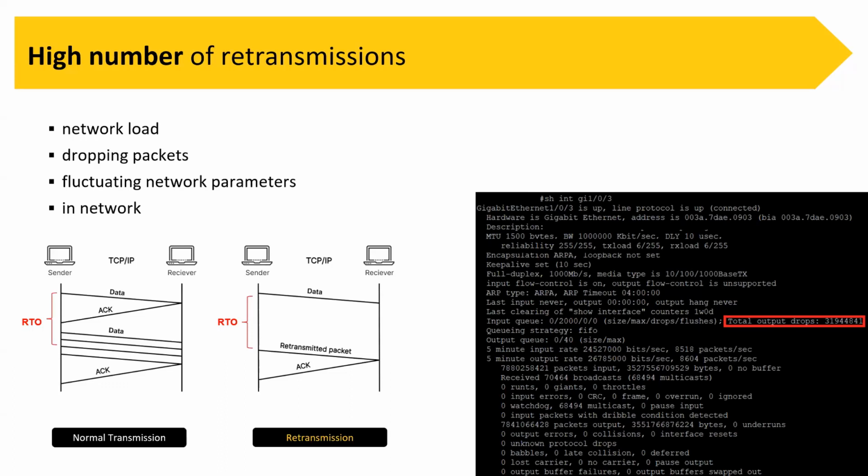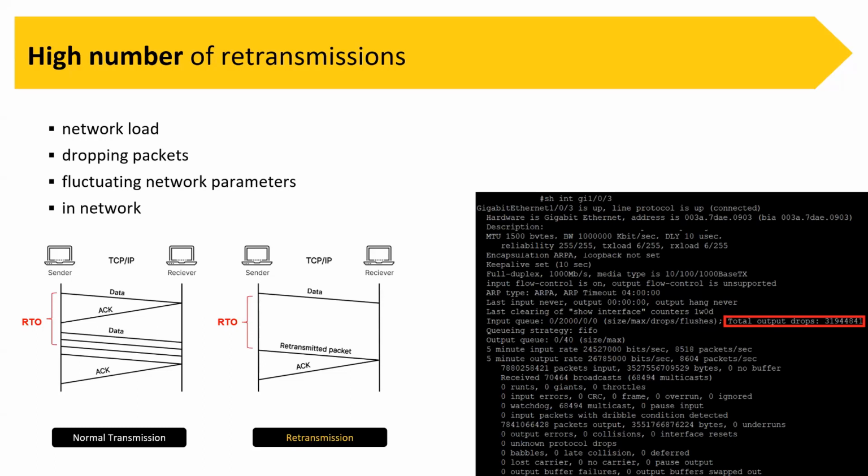There's a formula for that. I don't like to show everything here because it's too complex, but then you know at least that the retransmission timeout is not a fixed timer. It's calculated based on the round trip time. On the right side, you can see that the answer was not there in time, and the retransmitted packet is there.